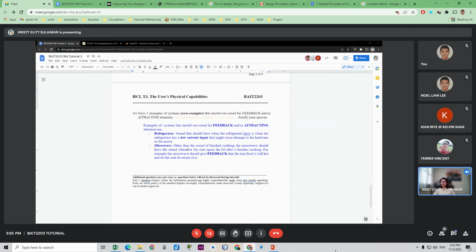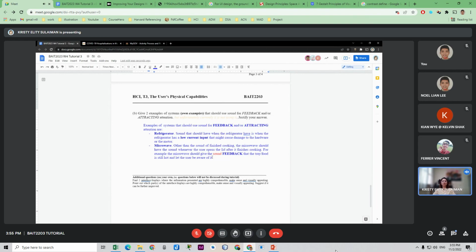For example, the microwave should give sound feedback, with the tray of food still hot, and let the user be aware of it so that they don't get burned. And other things also, like I will give just now, like, what's it called?